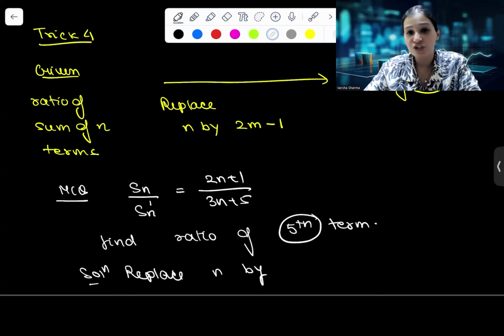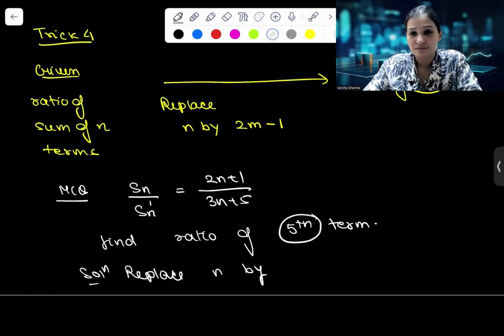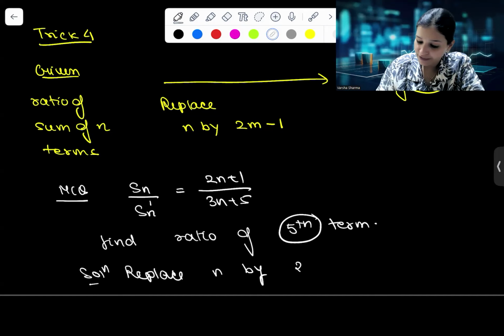So in the question, the ratio that has been provided to us, we are going to replace n by 9, double of 5 minus 1, that is 9.